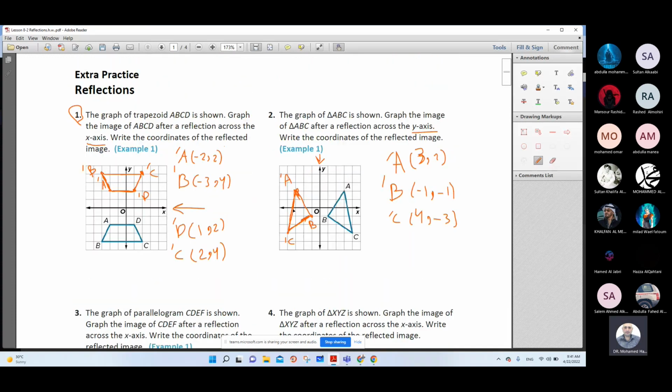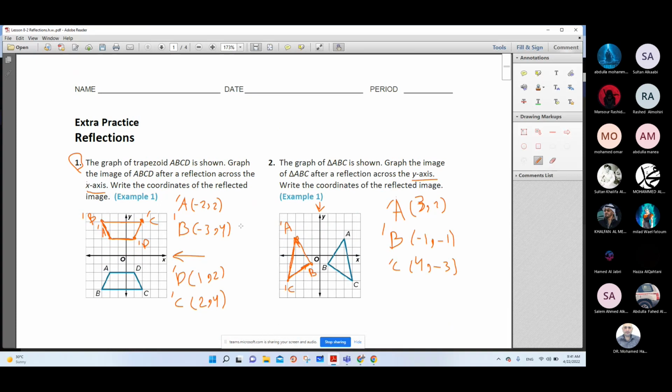This homework says graph and find the coordinate. So please, when I send you any homework, be careful when you solve it, because it's very important for you and it's very important for the exam. Okay. No questions?